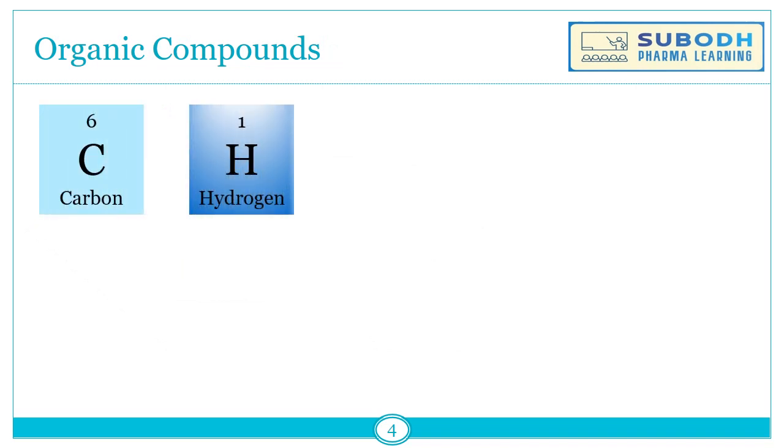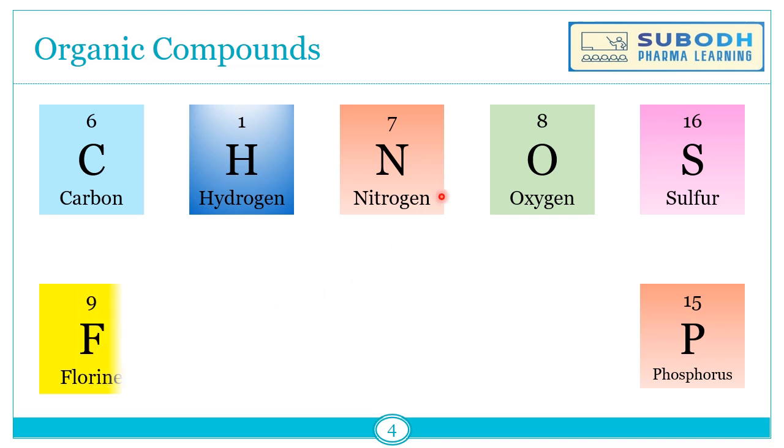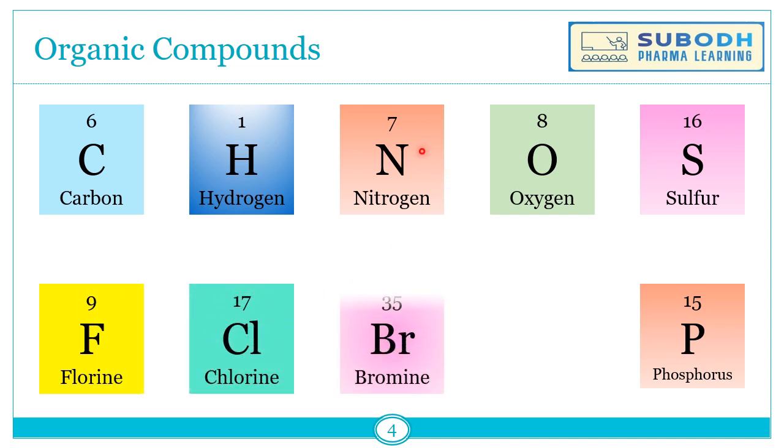All organic compounds contain elements like carbon, hydrogen, nitrogen, oxygen, sulfur, phosphorus, and halogens like fluorine, chlorine, bromine, and iodine.